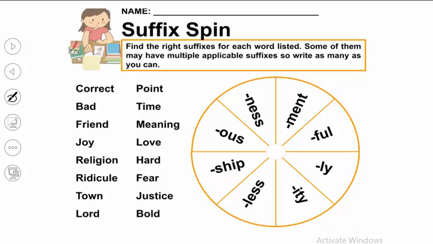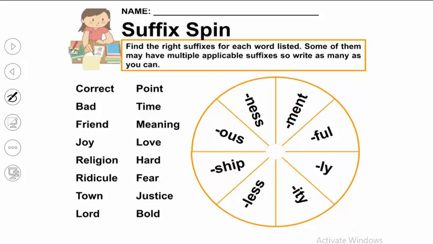You can search in the dictionary. If you find the meaning, if you find the word in the dictionary, that is correct. Otherwise, it is the wrong one.